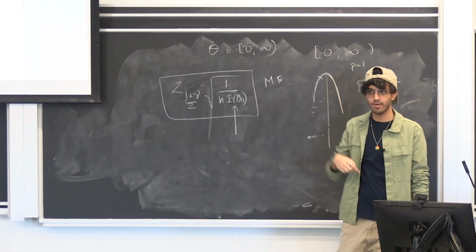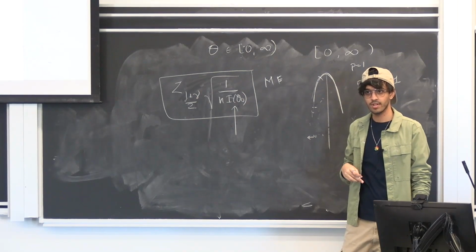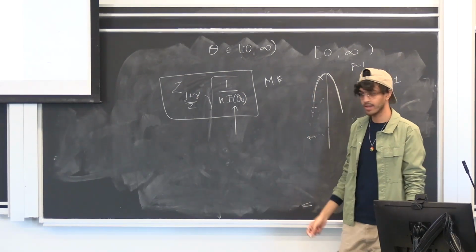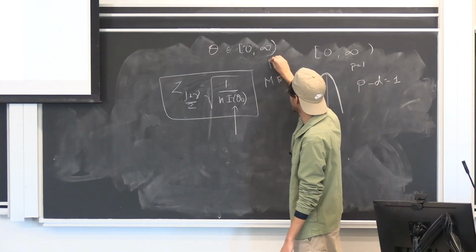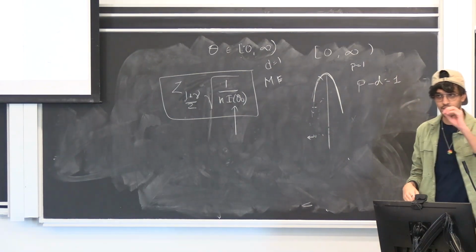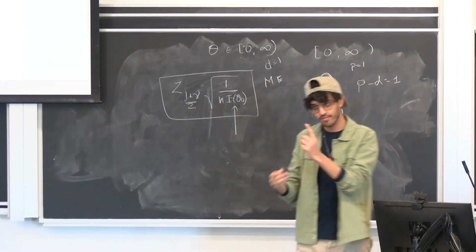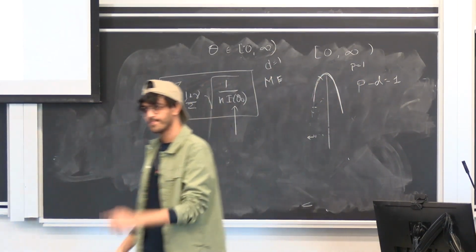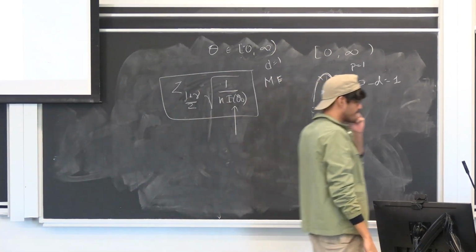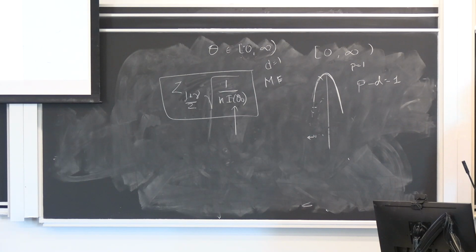What is your A star? It's just 1, regardless of what this is, right? This is D, which is 1, and P is also 1. P minus D is 0. There's no variance. There's nothing. It's fixed. It's always 1, right? Okay. Cool.